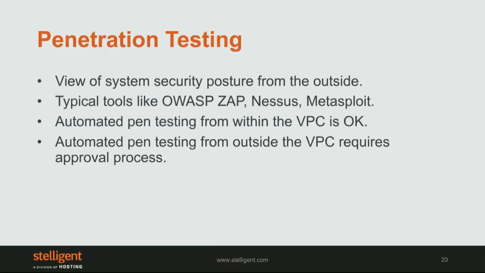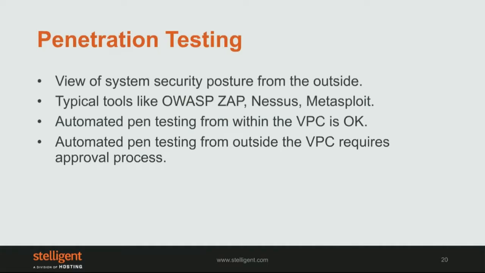The other kind of penetration testing that you can do is much more automated testing that you can do internally. One of the things that we like to do in the continuous security pipeline is from within the VPC, so that you're not affecting other customers on the AWS shared infrastructure.